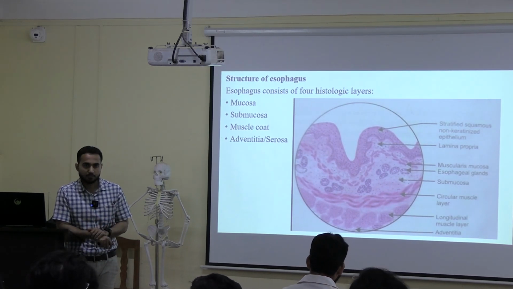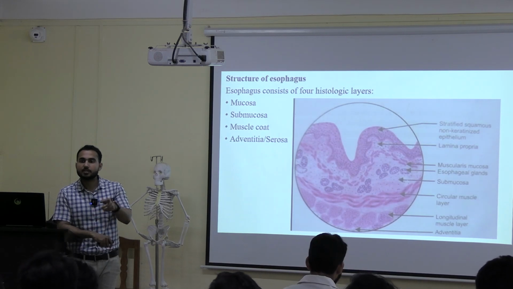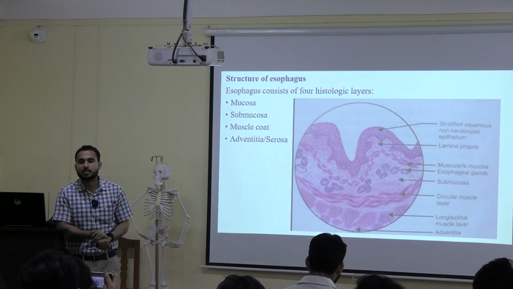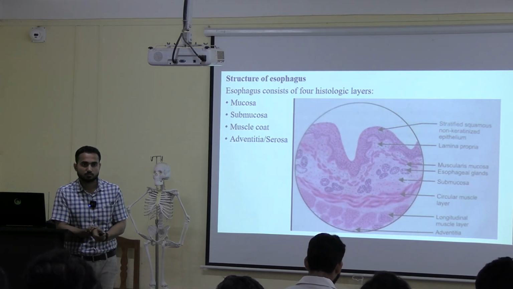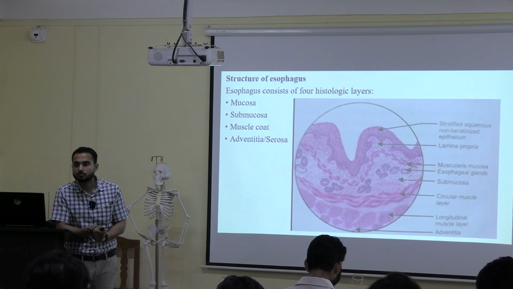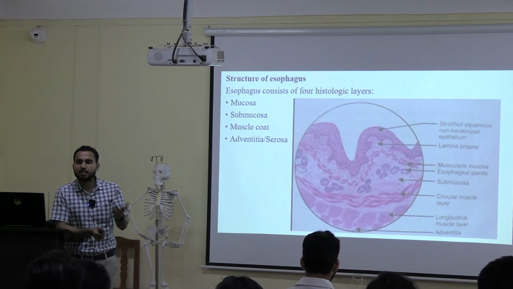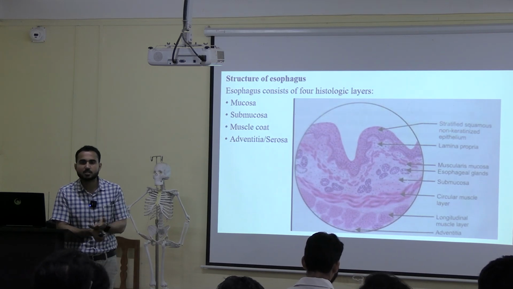Simple columnar epithelium. Now if I ask you how you will differentiate between simple columnar epithelium and stratified squamous non-keratinized epithelium, how you will differentiate? Why do you have to think? Common sense. Stratified means multiple layers, simple means single layer.